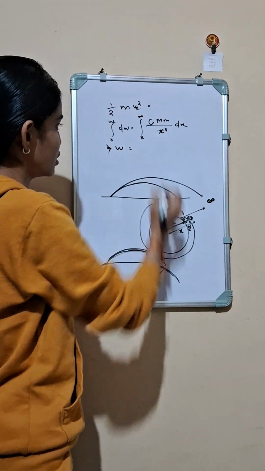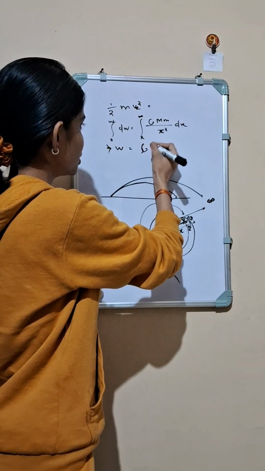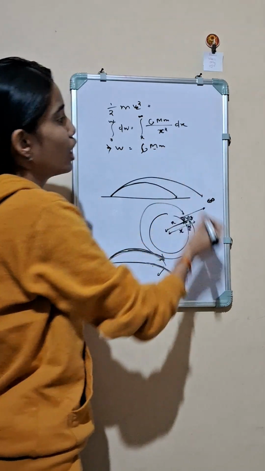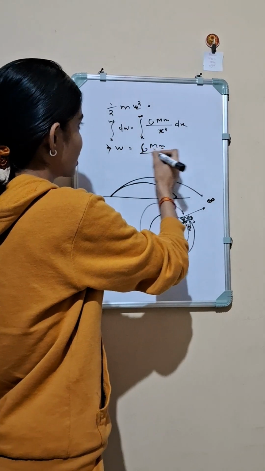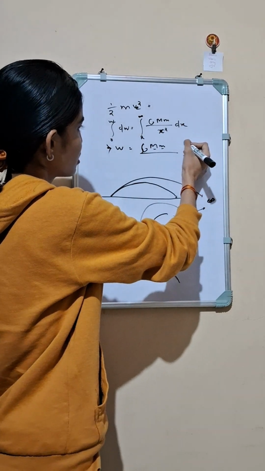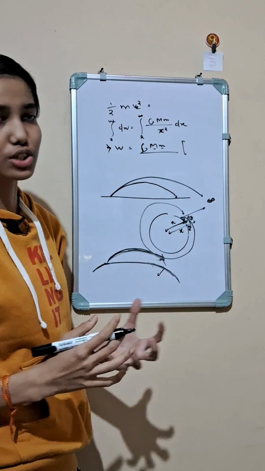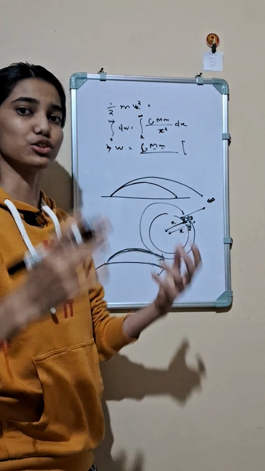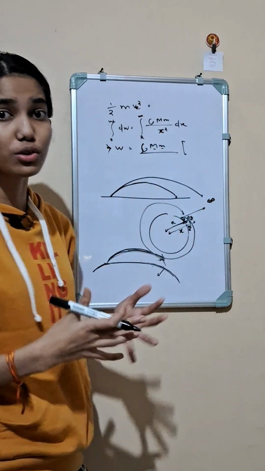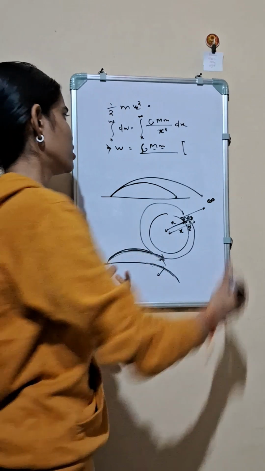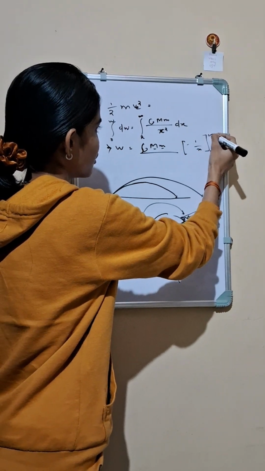W equals, and here G M m is constant: the mass of Earth, the mass of the object, and the universal gravitational constant. Here we have to integrate 1 by x squared. We know the integration formula, x to the power n plus 1 divided by n plus 1. It has the power of minus 2, meaning minus 2 plus 1 is minus 1, so we get minus 1 by x, from r to infinity.